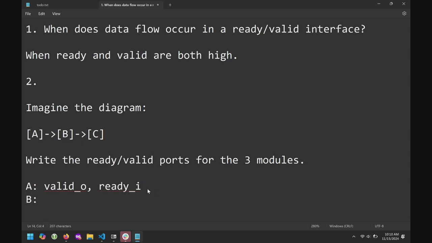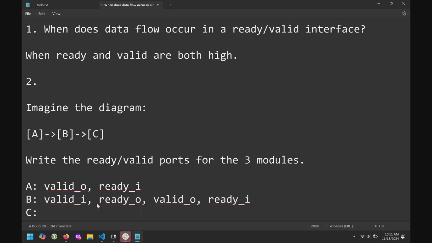Now what is B? So first, let's do this port. First, we have valid in, and then what is the ready signal? Ready out. So B is plugging this probably into A. And then after that, what do we have? Maybe valid out. Yeah, ready in. Okay, and then C. Let me make it so that anything that is on the same vertical line is being plugged into each other.